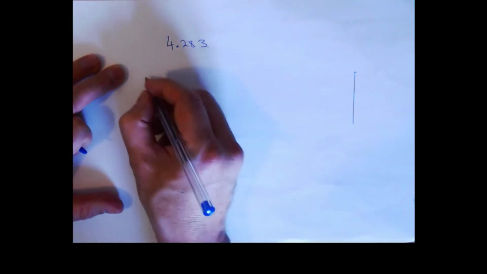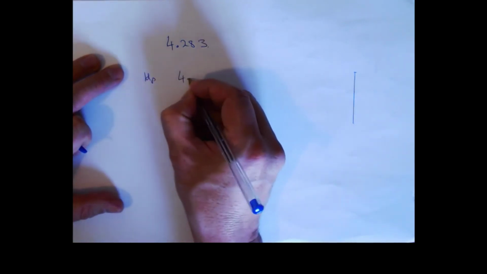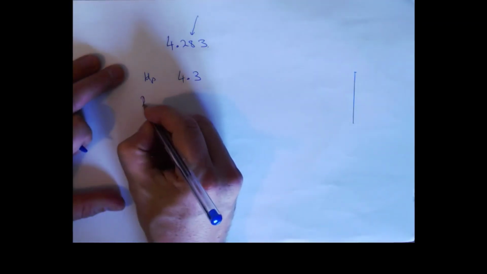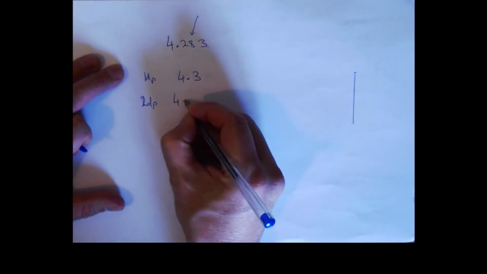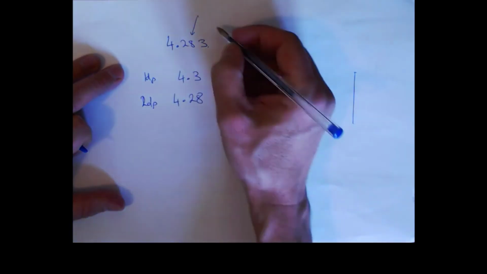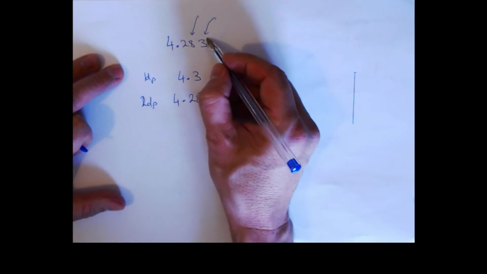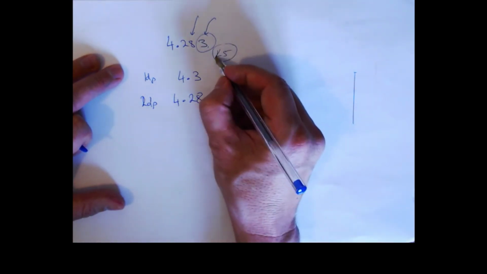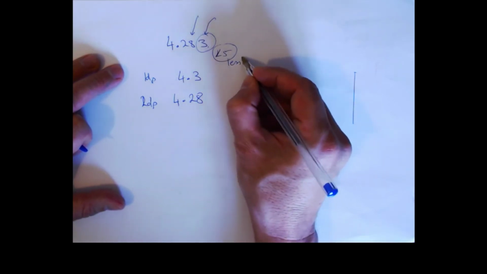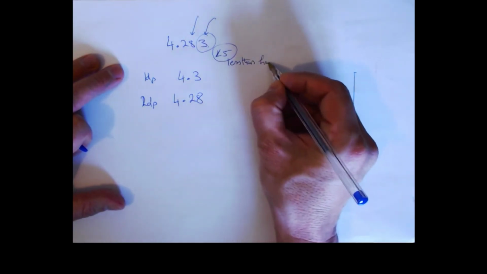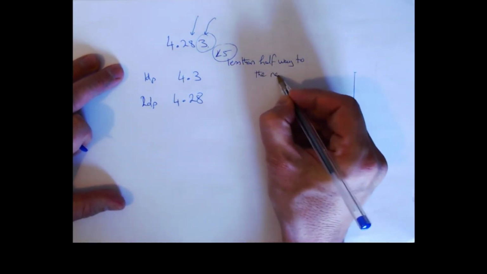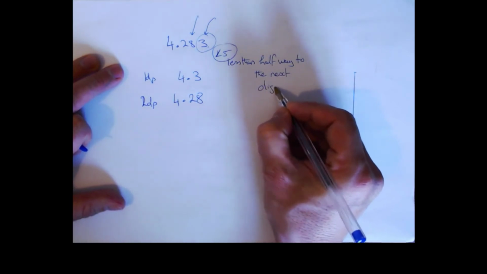4.283. To 1 decimal place, that will be 4.3, because this is bigger than 5. It's 5 or more. To 2 decimal places, it'll be 4.28, because we look at the next decimal place. This is less than 5, so that symbol means less than, so that's less than halfway to the next digit.